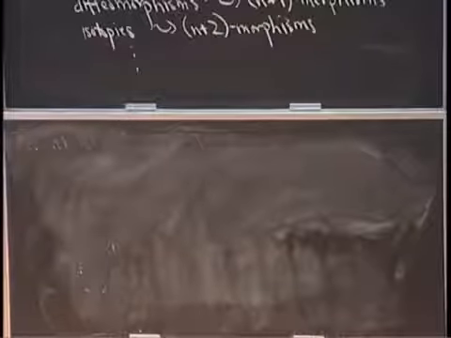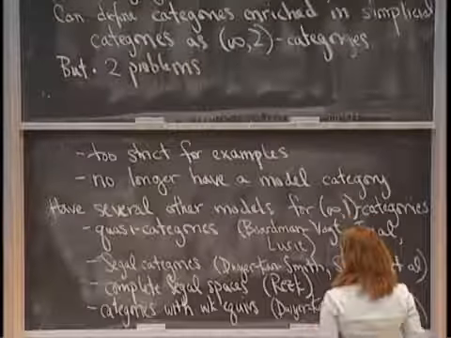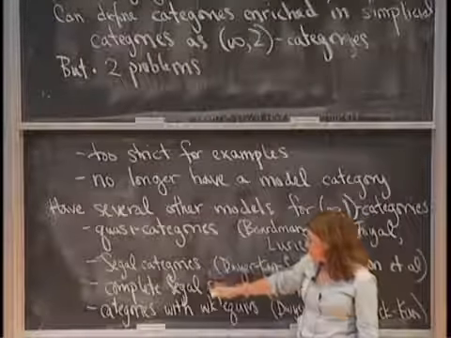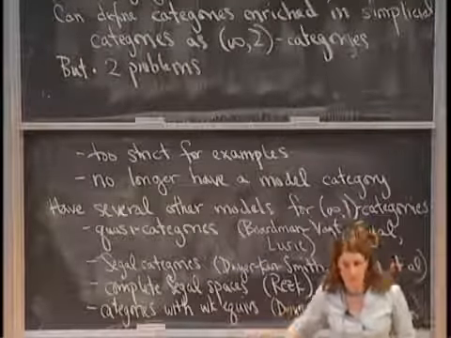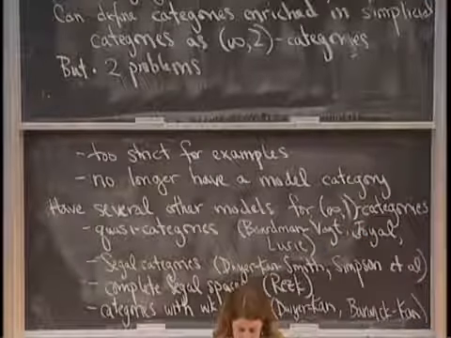Okay, so the main ones that are going to come up here are going to be Segal categories and complete Segal spaces. So let me start by at least giving you what those are.